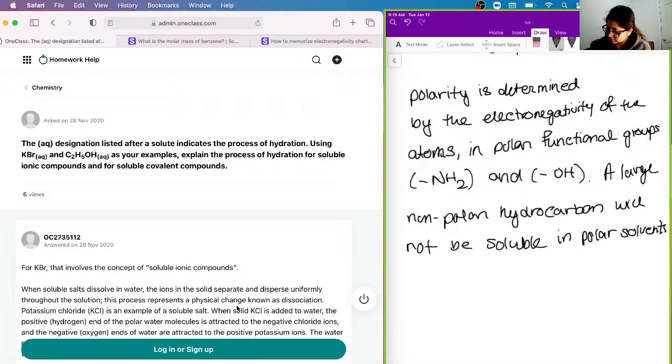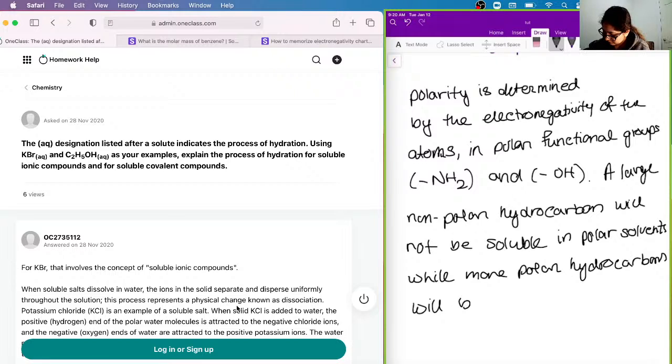While more polar part or polar hydrocarbons will be more water soluble.